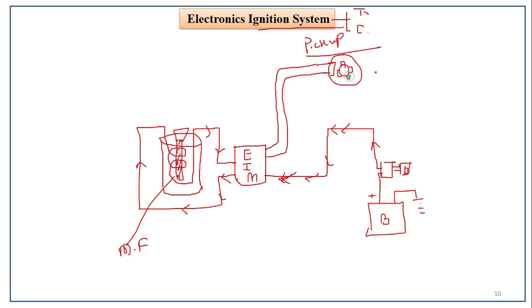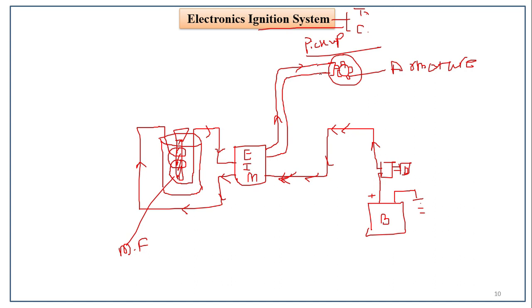So this is the armature, and now you have to understand the direction. As current is passed here in the electronic ignition module, it is passed to this armature, and here one metal electrode is attached. So the current is passed in the armature.